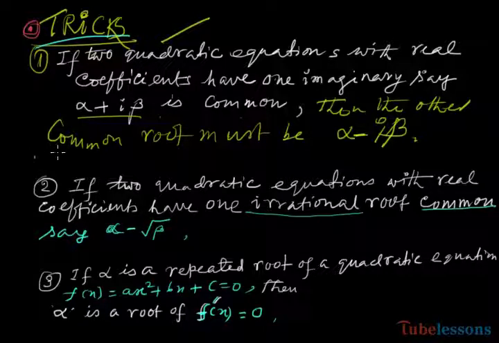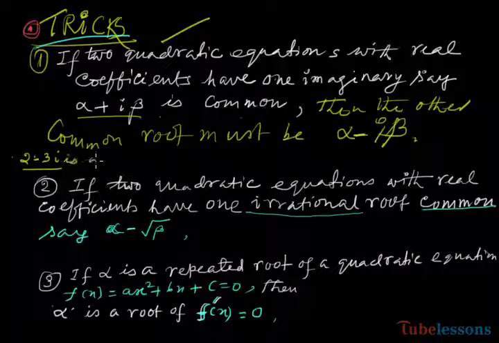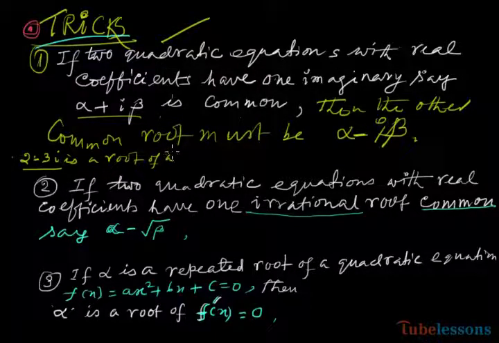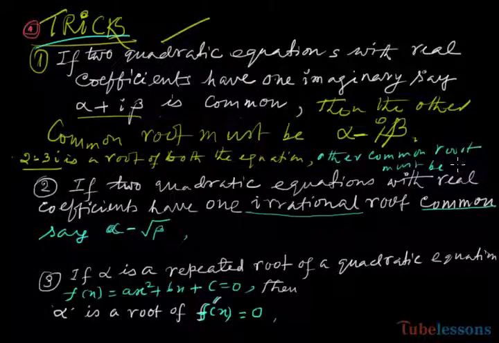For example, if 2 minus 3i is a root of both the equations, then the other common root must be 2 plus 3i.